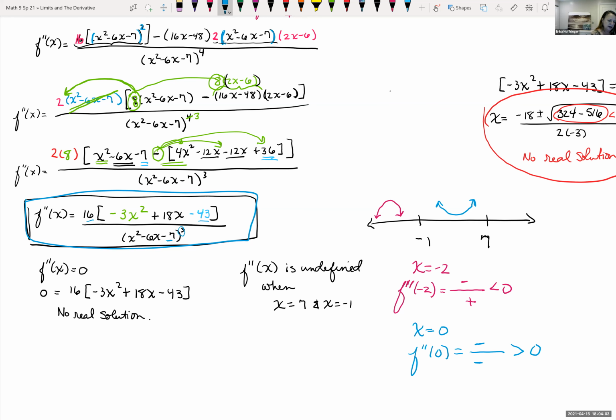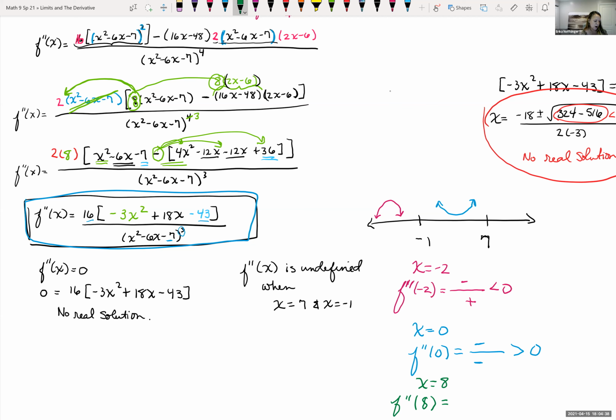And then a bigger number, so let's plug in 8. So x equals 8. Plug it into the second derivative. We want to see, is that a positive or negative number? I can't tell by looking at it. So 8 squared is 64 times a -3 plus 18 times 8, and then a -43.